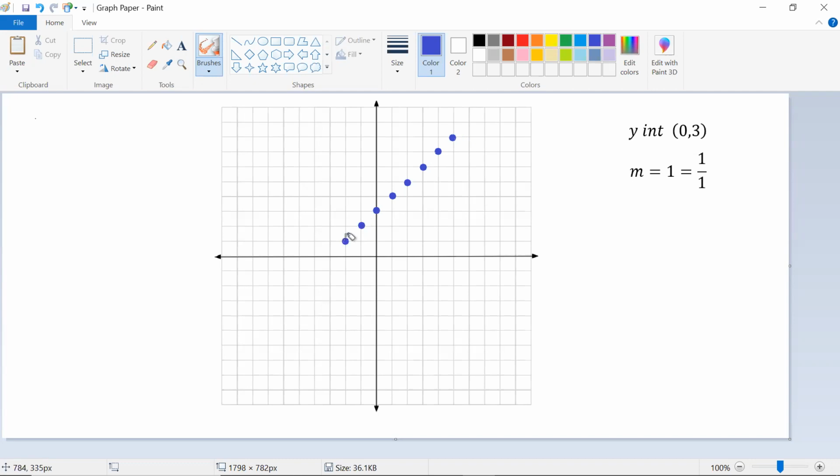And you can see you get the same line. All of these points are on my line. We obviously see the pattern there. So that is the graph of the line.